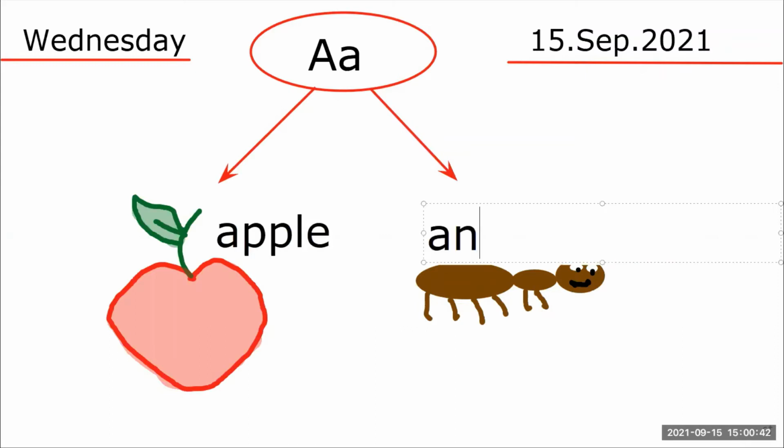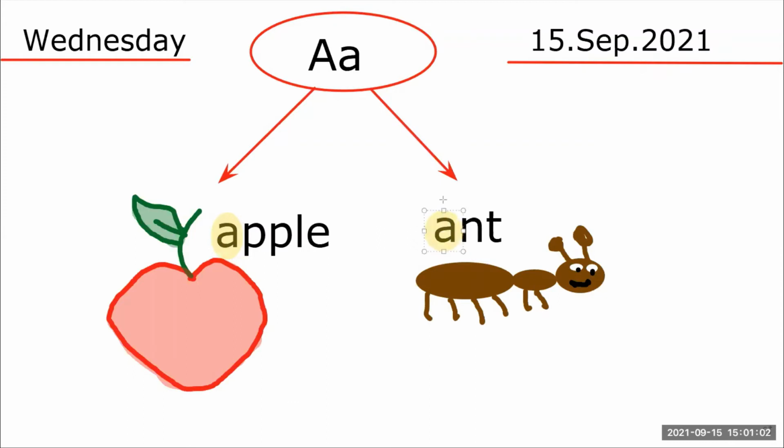Same for ant. Ant starts with A and N and T, and the first letter, as you can see, is A. And the sound of the A is ant. A, ant. Here, let me highlight the A in apple, and in ant as well. Here we got the A in ant.